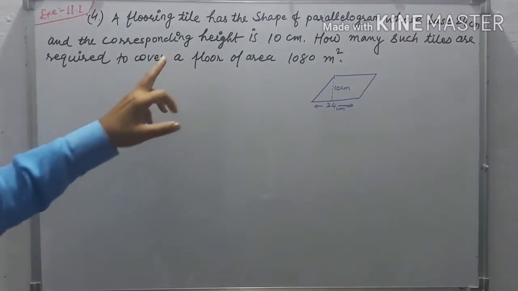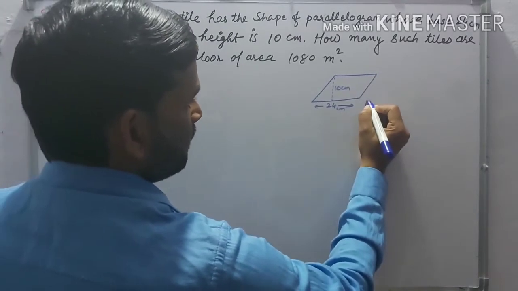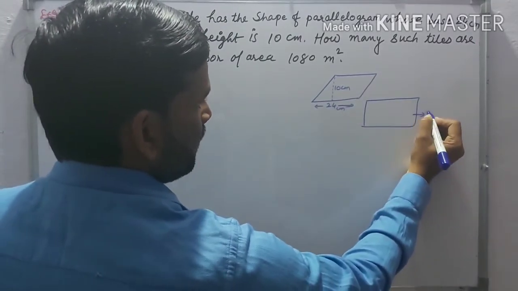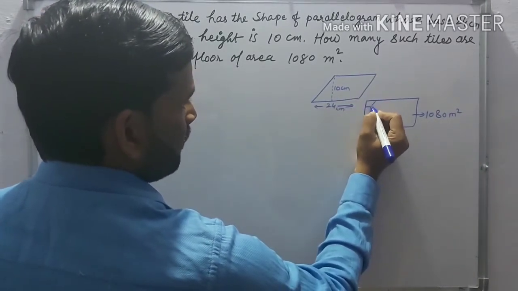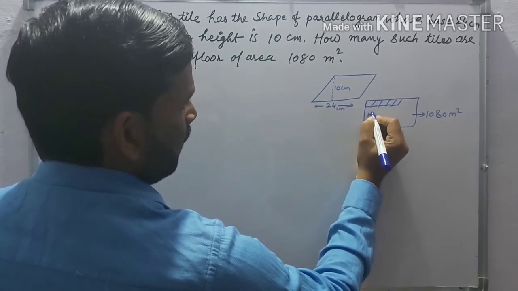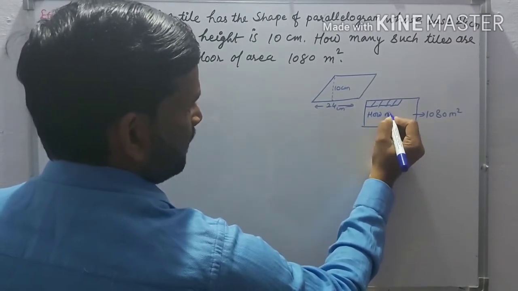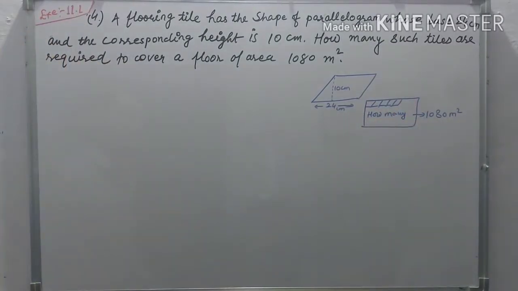How many tiles will be needed if the floor area given is 1080 meter square and it is filled by the tiles? Find how many tiles will cover the full floor.